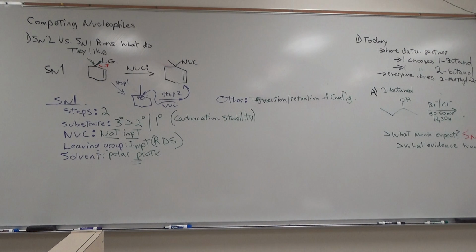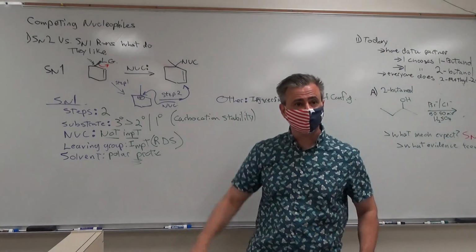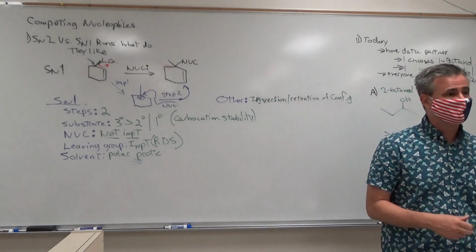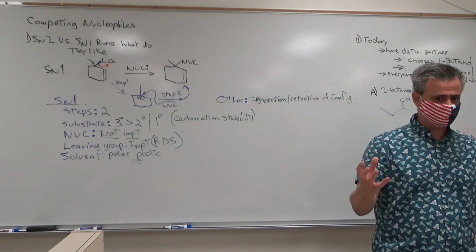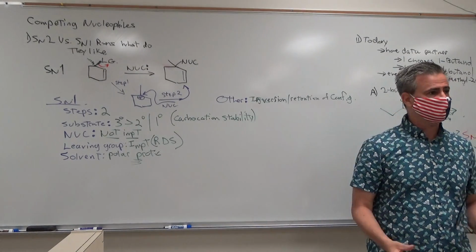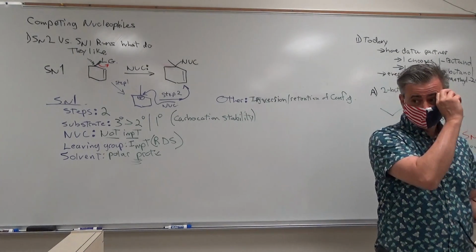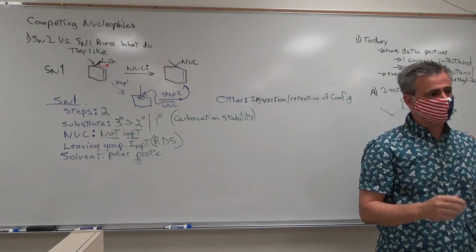The thing that I'll throw out there is that sometimes reactions can go through both modalities. They can do it both ways: the nucleophile comes and kicks the leaving group off, or the leaving group just takes off and then the nucleophile comes in. It's not impossible. We teach it as two sort of dichotomy situations, but it is actually possible to do both.